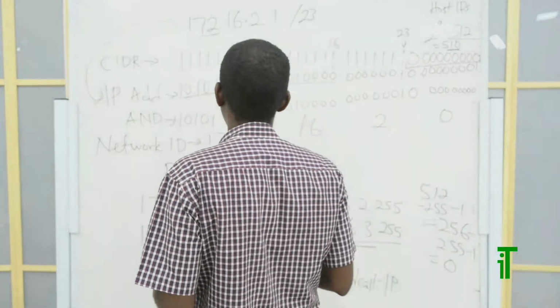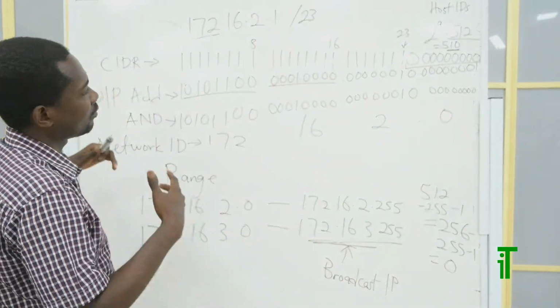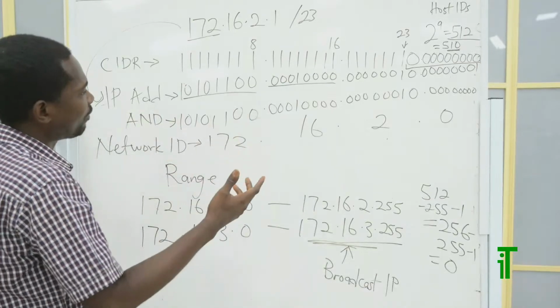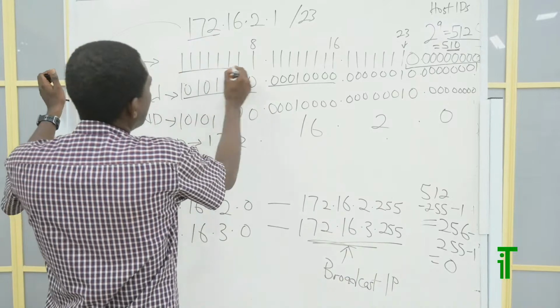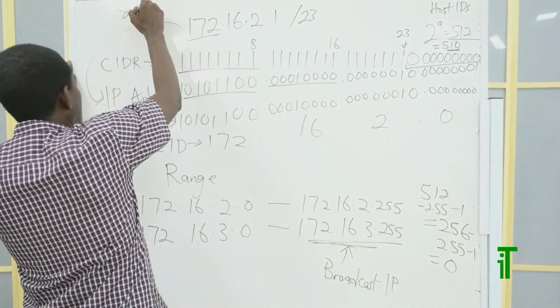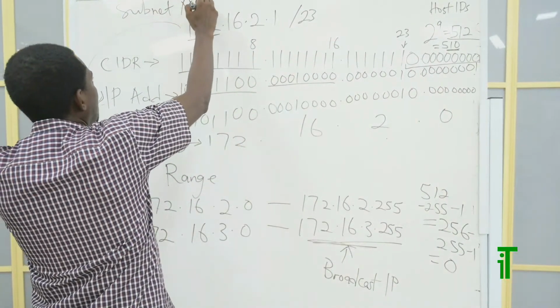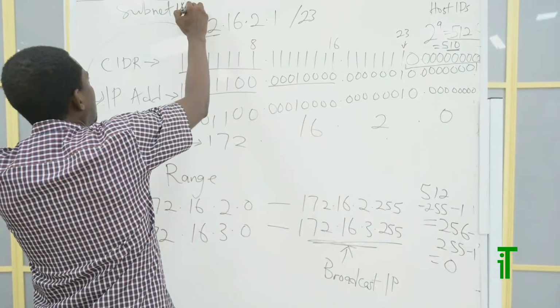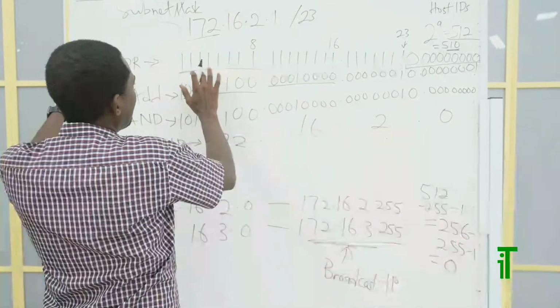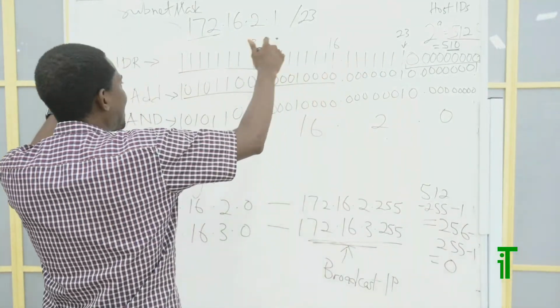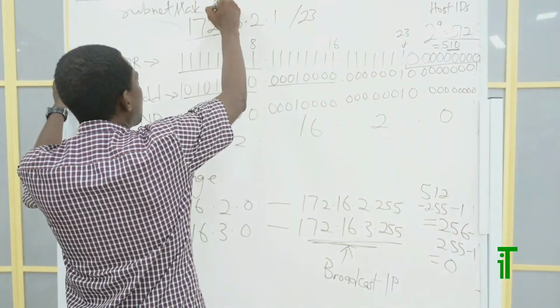Now, how do we get our subnet mask like we did previously? You convert the whole of this to decimal, using the CIDR. So it will be 255, 255.